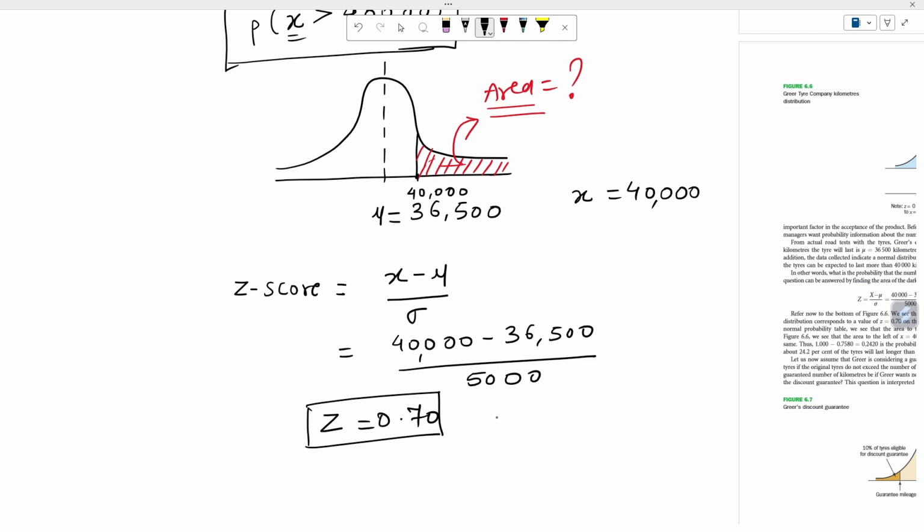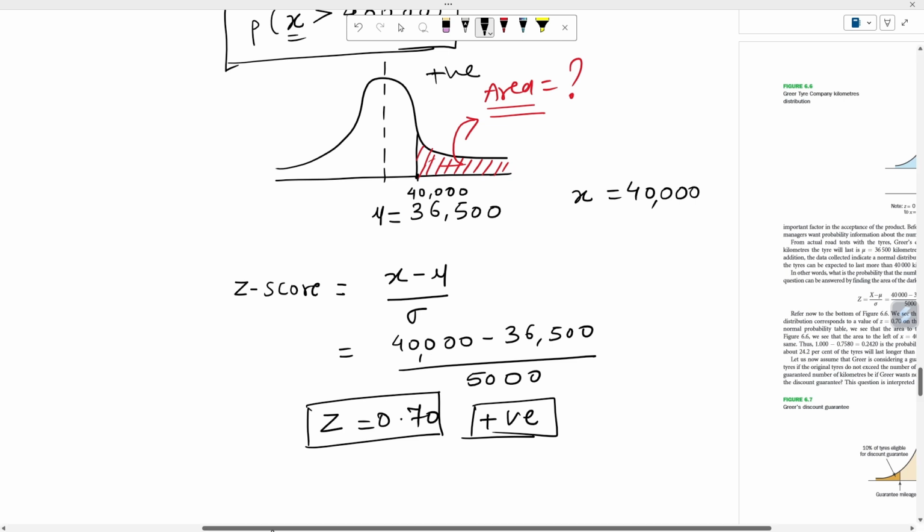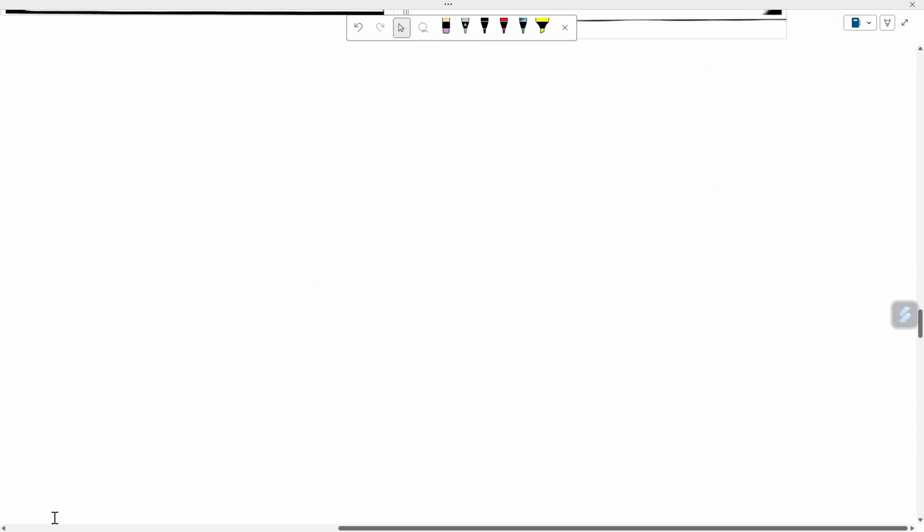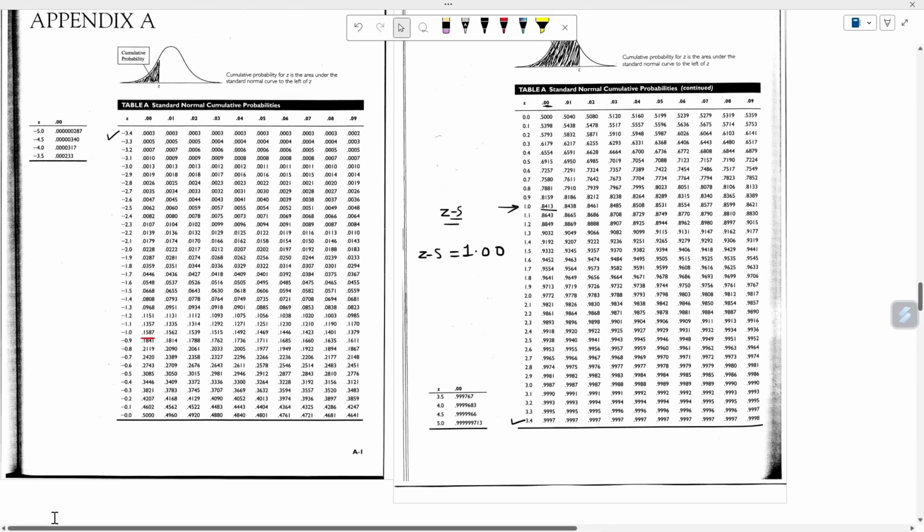So this is our positive z-score, and we also know that the 40,000 side lies on the positive side. To identify the area, we'll have to check the z-score table so that we will be able to understand it.